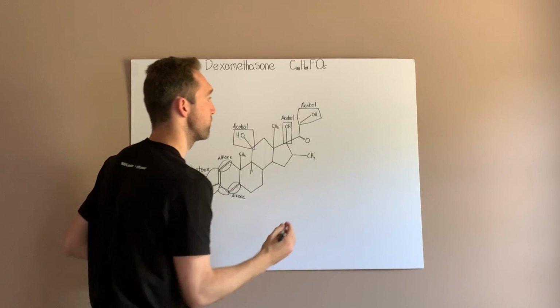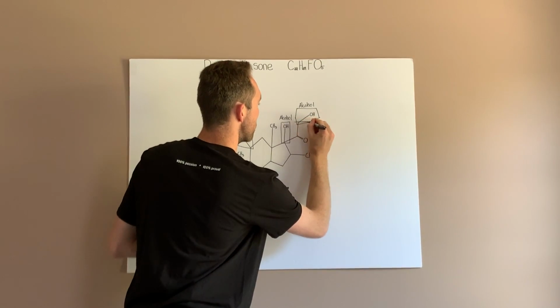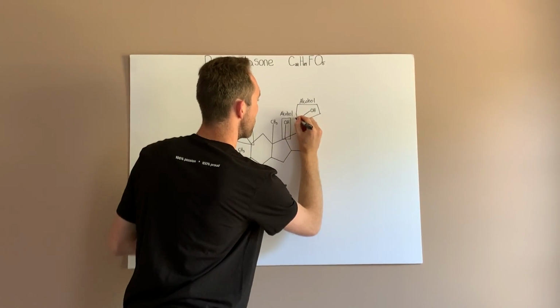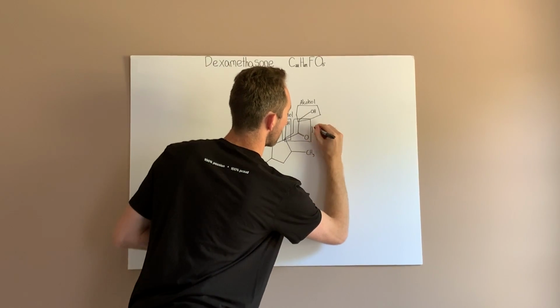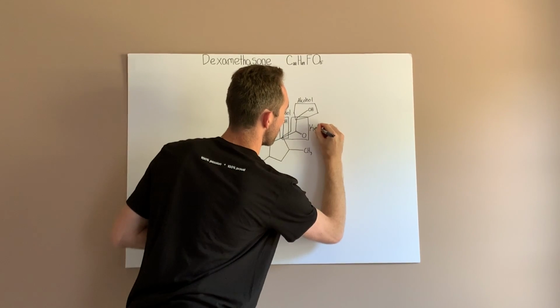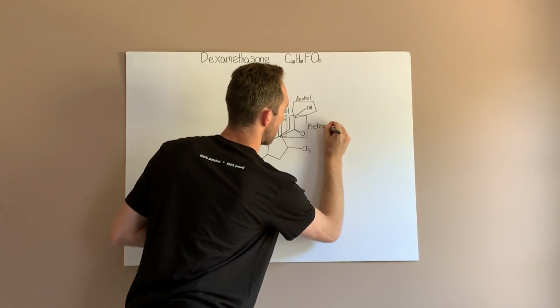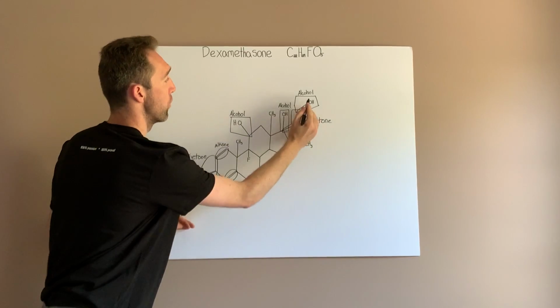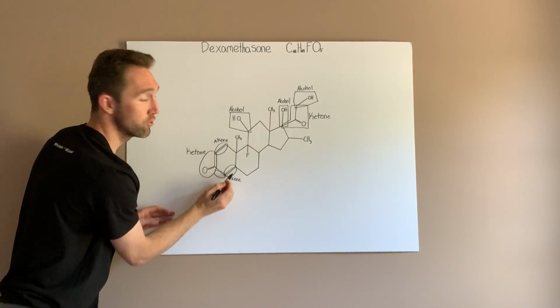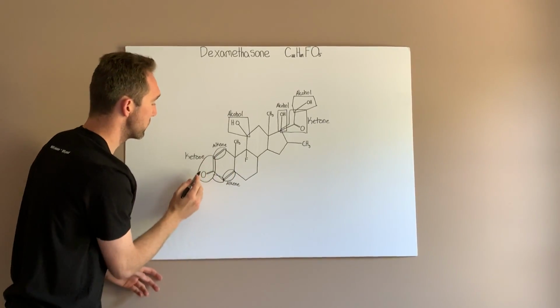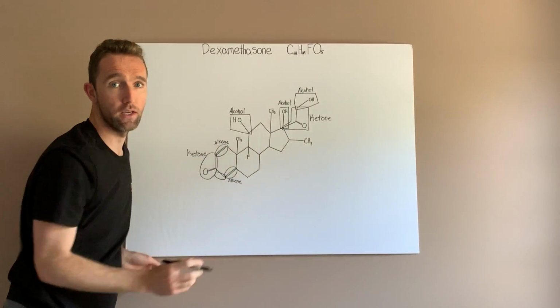That's another ketone. So overall, we have 1, 2, 3 alcohols, 1, 2 alkenes, and 1, 2 ketones.